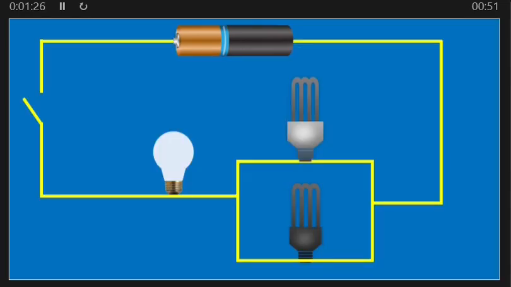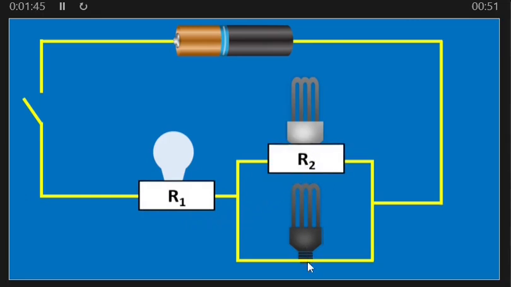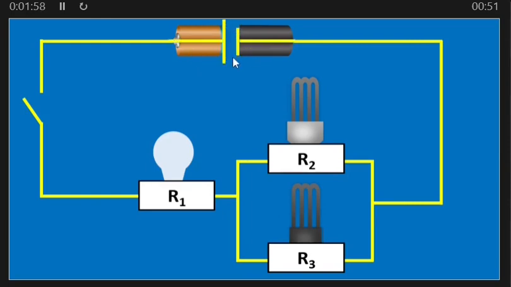So here, for example, if we represent the electrical resistance offered by this bulb as R1 and the electrical resistance offered by this bulb as R2, and then the electrical resistance offered by this bulb as R3, and our electric cell here represented by the circuit symbol as that.